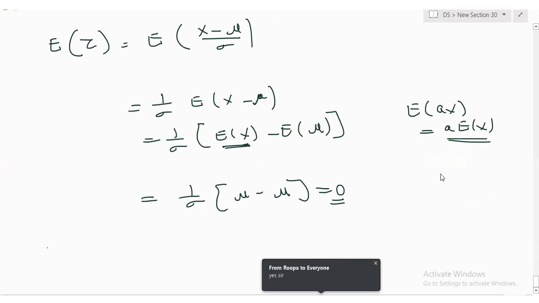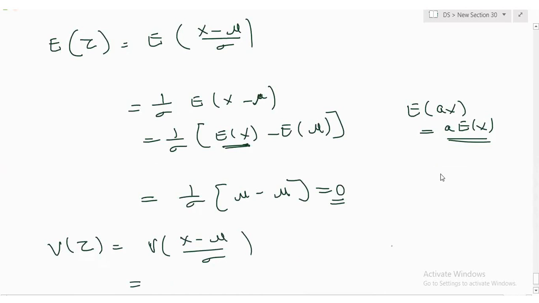What about this? Variance of z. Variance of (x minus mu) by sigma, which is equivalent to, what is the formula? Variance of Ax equals A square into variance of x. This is a formula. Already we proved everything we have done. Don't ask me now how this is.